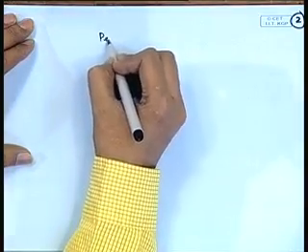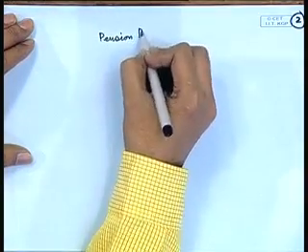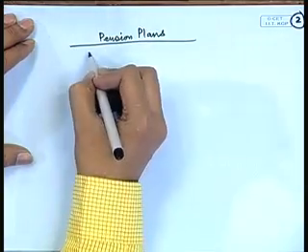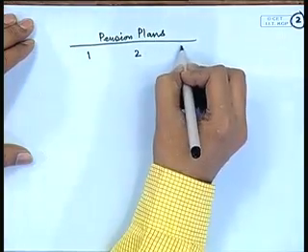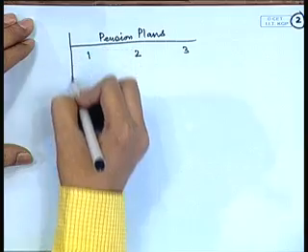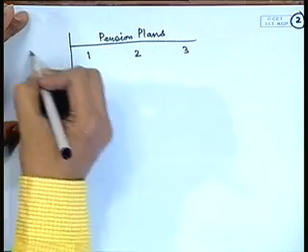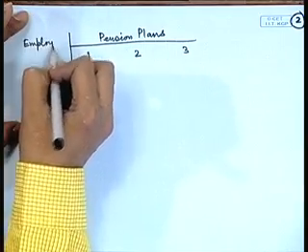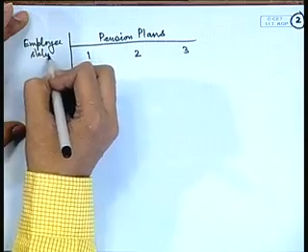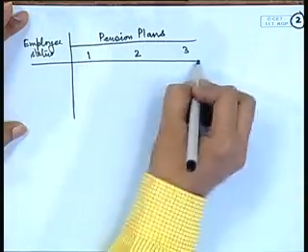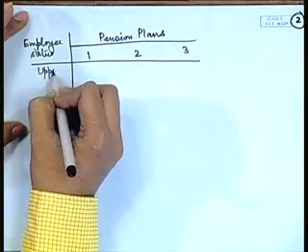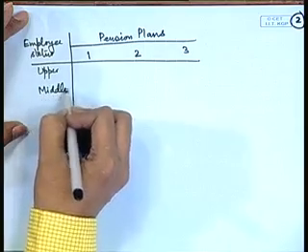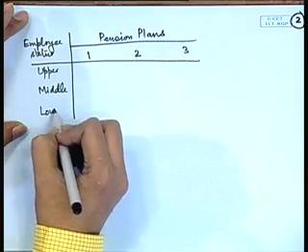So the choice of pension plans we represent in the columns, that is plan 1, plan 2 and plan 3, and here we give employee status. So we have upper level, middle level and lower level.